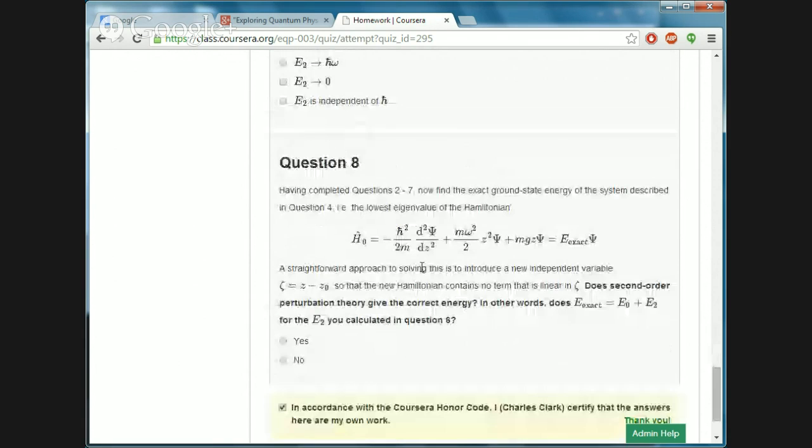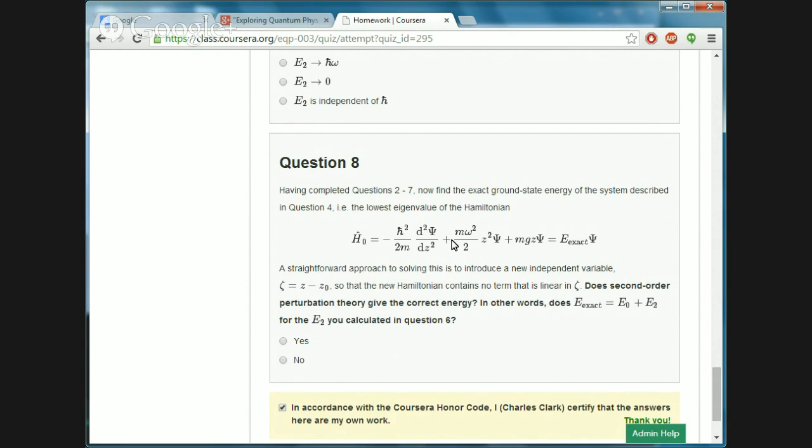And now, here's the best part, I think. Having done all that work, now solve this problem exactly, not using perturbation theory. It's not that mean.